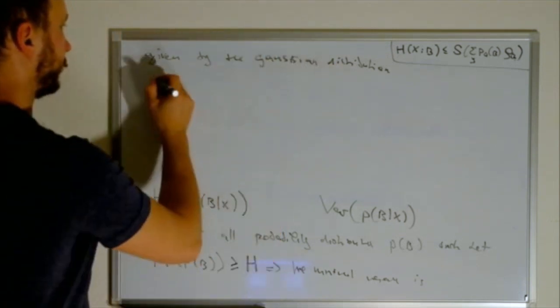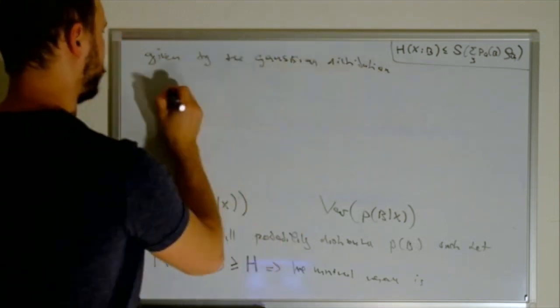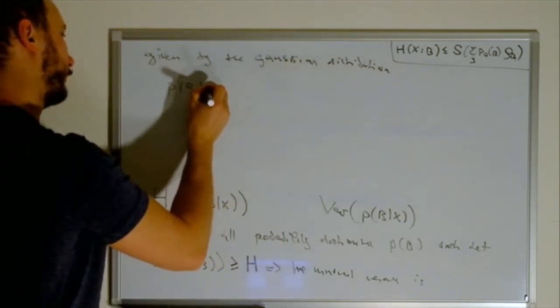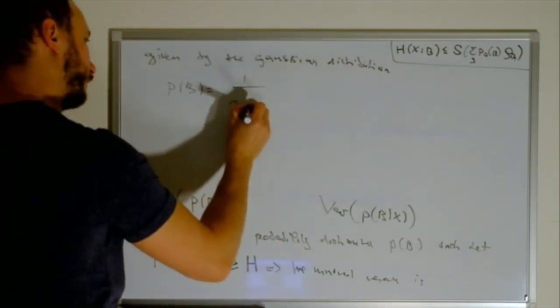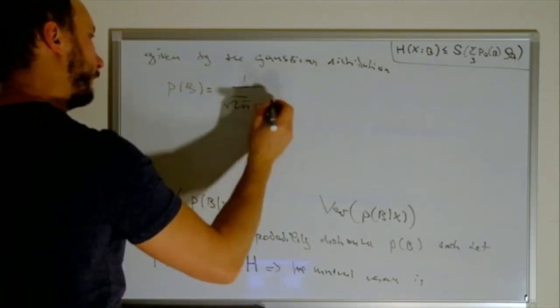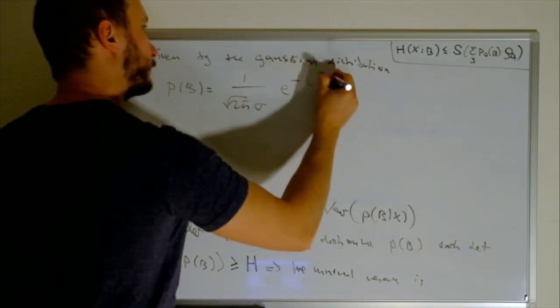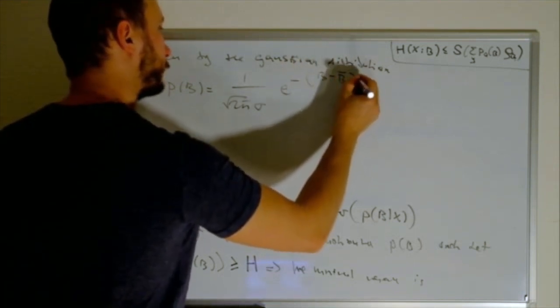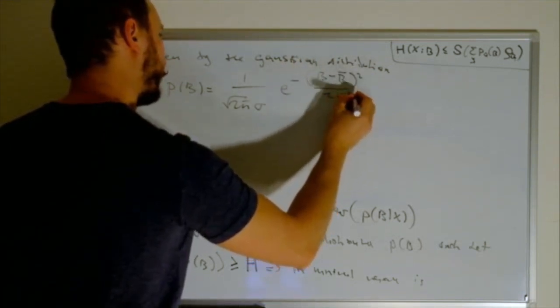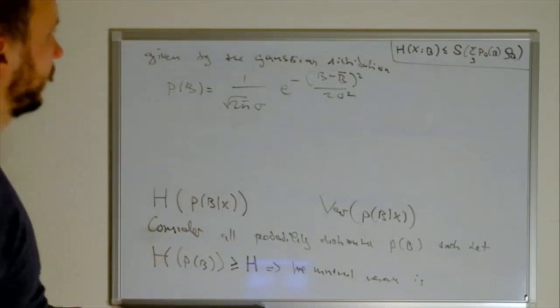The Gaussian distribution, P of B, is equal to 1 over square root of 2 pi sigma squared, right? The usual formula, exponential of minus B minus B mean value squared over 2 sigma squared.